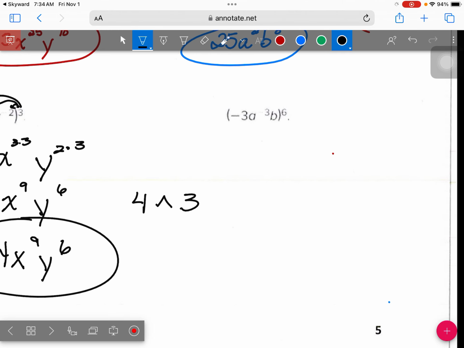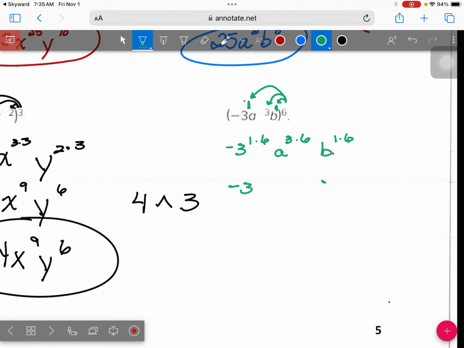Ooh, it's got a negative. So this is to the 1st power. Put a 1 on it. And here's a B, no exponent. Put a 1 on it. Distribute, distribute, distribute. So negative 3 to the 1 times 6, a to the 3 times 6, and b to the 1 times 6.